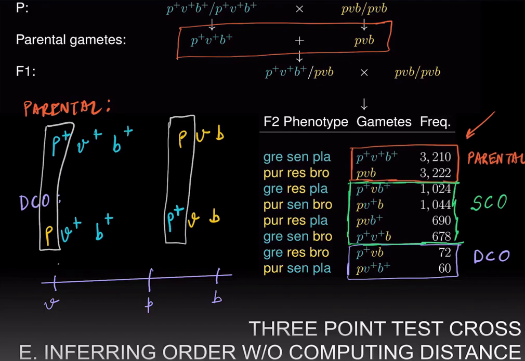And then once we know the order of the genes, we just need to compute the VP distance and the PB distance, and we can add those up to get the distance between V and B, and this makes for a much more efficient way to solve the 3-point test cross.